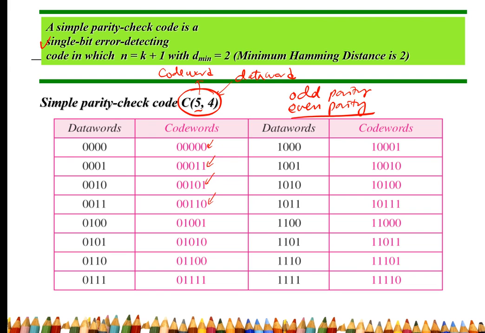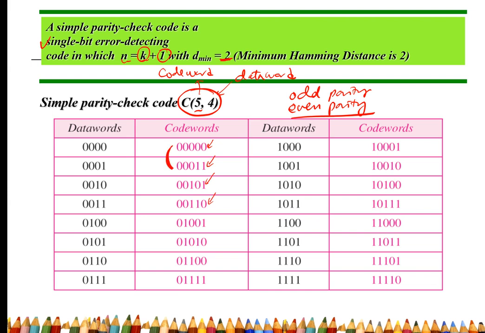Like this, we can put the simple parity check code through the Hamming distance, and there are some rules. For example, for 1 bit error detection for k-bit data words, we need a Hamming distance of at least 2. What is the minimum Hamming distance? The minimum Hamming distance is the smallest number of differing digits between any two code words.